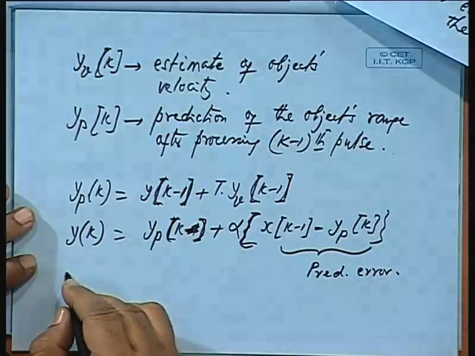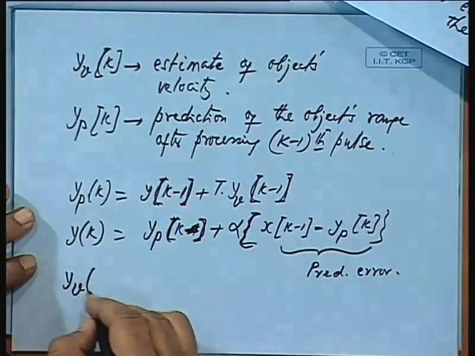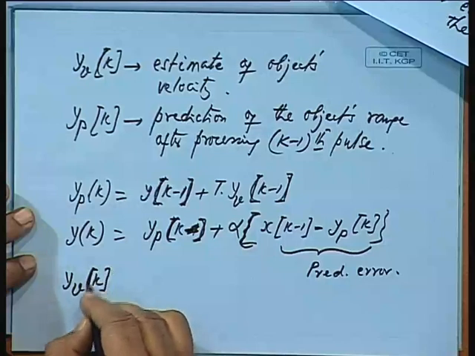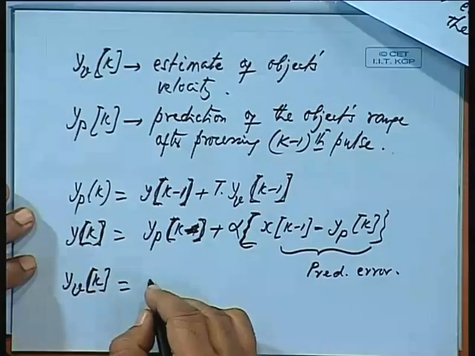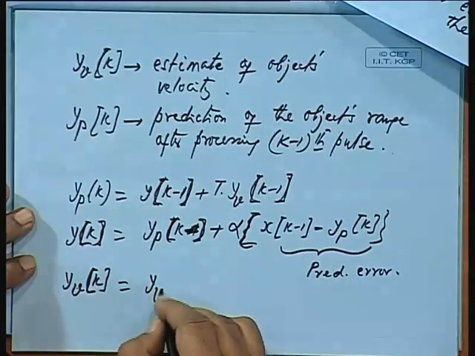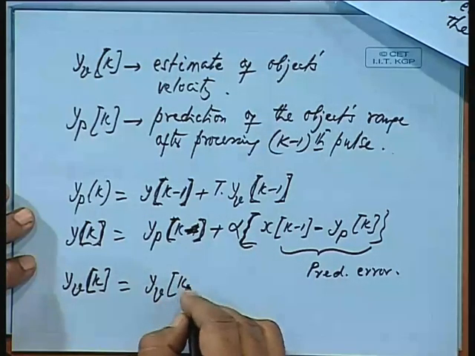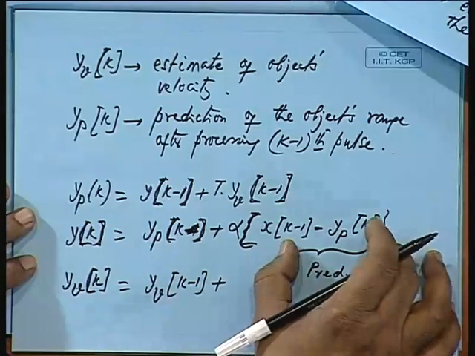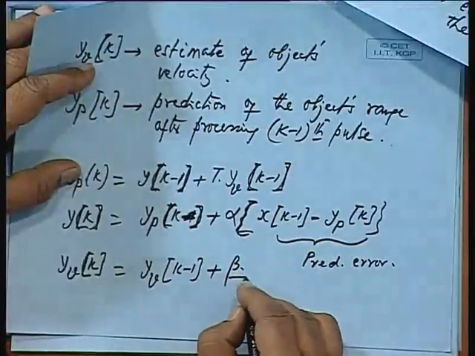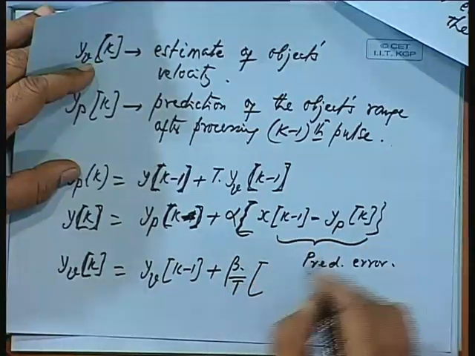Okay. And yvk, what will be the estimate of the velocity? It will be whatever velocity was estimated in the previous instant plus a term from the prediction error. From that prediction error, I will estimate the error in velocity. So, beta times 1 by T times the same prediction error.